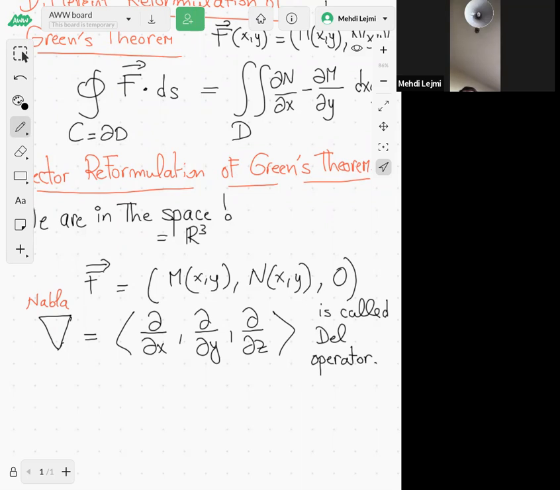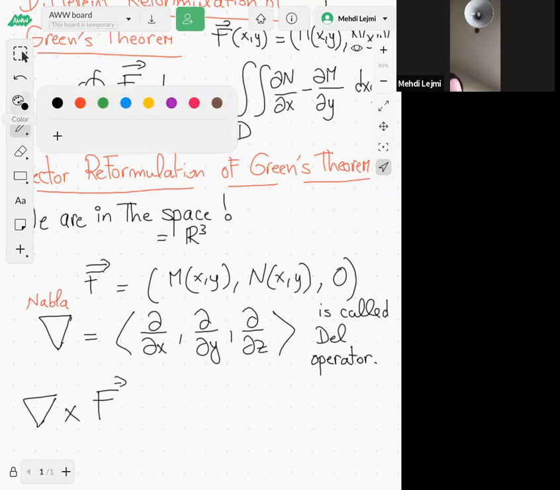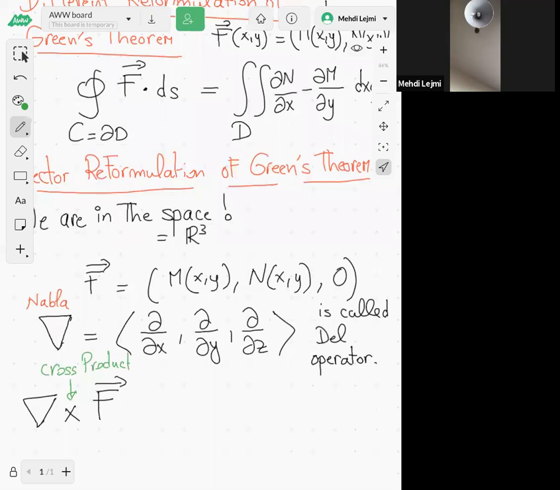Now, if you do nabla cross product with f, this is not the scalar product, it's the cross product, right? I guess you have seen this cross product in Calc 3. So in this space, you have this notion of cross product. We have this cross product of nabla, this del operator, with this vector field f.